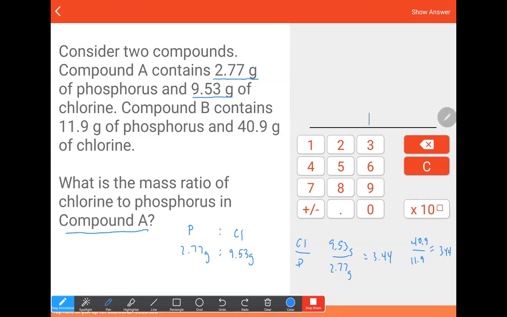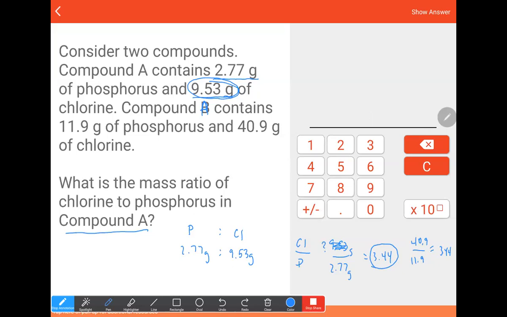Now, if you had this problem and say in compound A, this number was missing, and then compound B with the same compound, or say it's compound A again, and you're given both of them, then you could solve for the mass ratio and then apply that to, if you didn't know this number, you could take that 3.44, multiply it by 2.77 and find what that mass is.